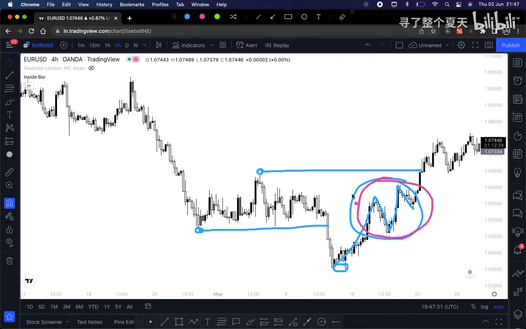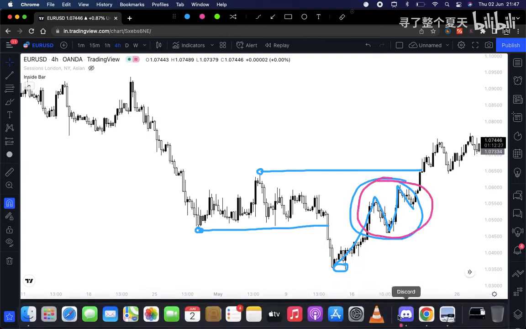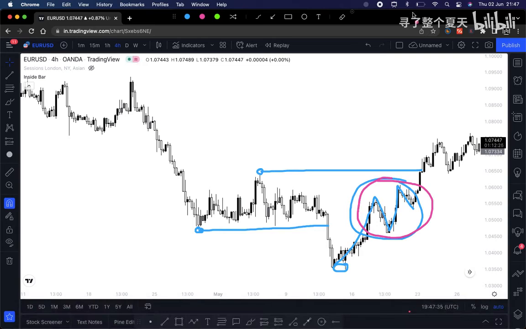Internal. Why? Why, Derek? Because they didn't break the previous high yet.